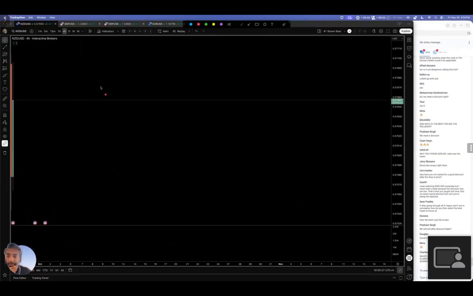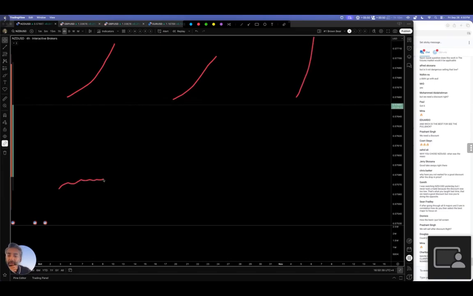If one of your charts does this, another chart does this, another chart does this, another one does this, another one does that, another one does this. Do we have correlation? Is there a correlation?